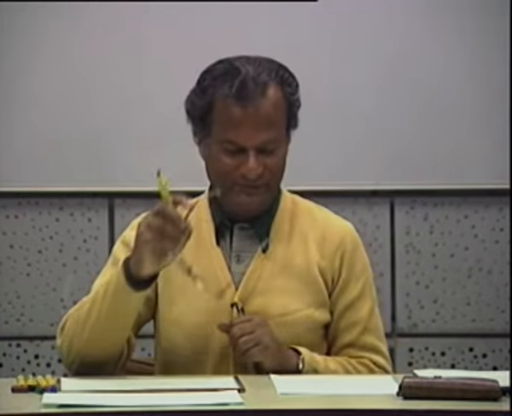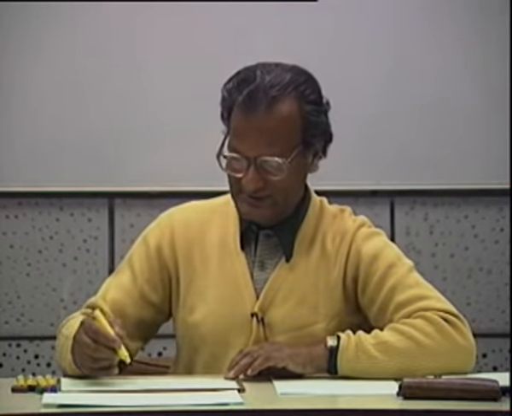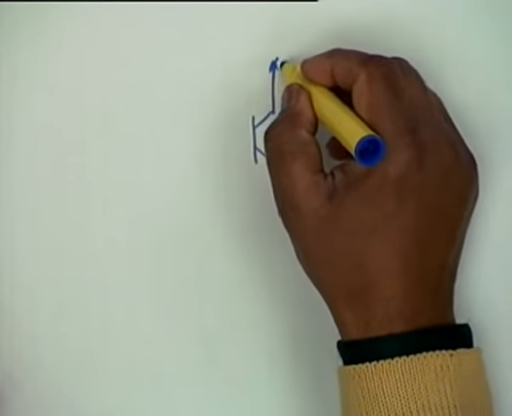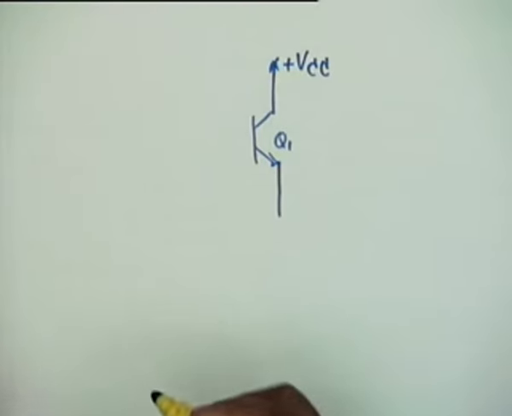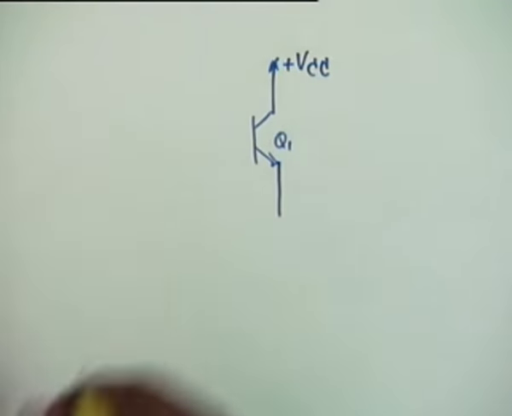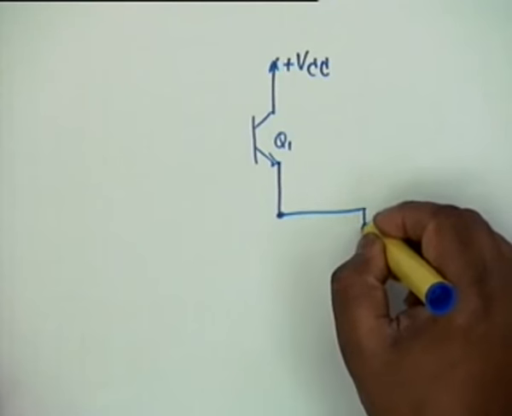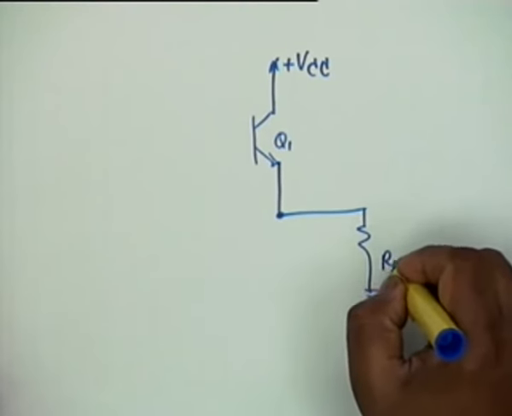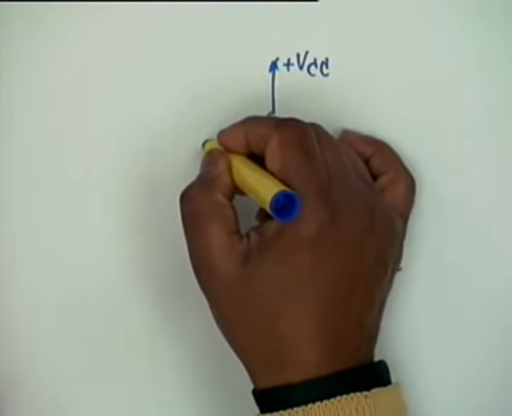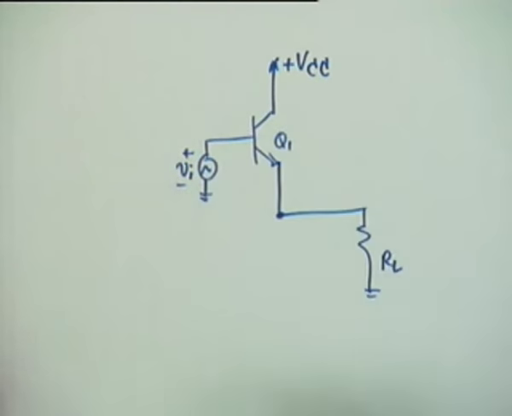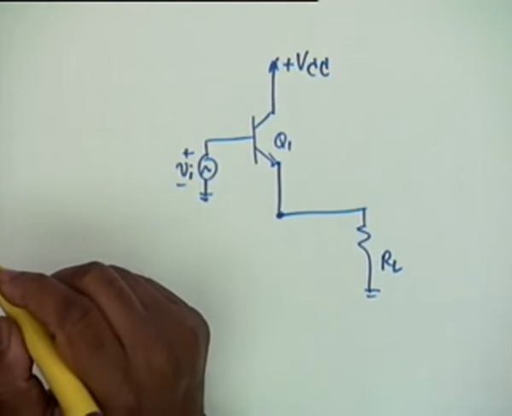Now, about this circuit, I'll draw it and then I'll quit for the next class. VCC, it is operated as an emitter follower, and therefore the load RL is from here to ground, and normally you expect Vi from here. The biasing of the transistor is done by a current mirror.